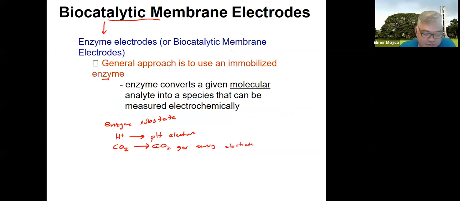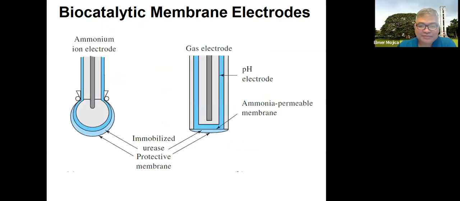Now, what happens if you have ammonium ion? What do you think is the enzyme for that? If you want to develop an ammonium ion selective electrode, or we could say a molecular selective electrode, you put there the enzyme urease.